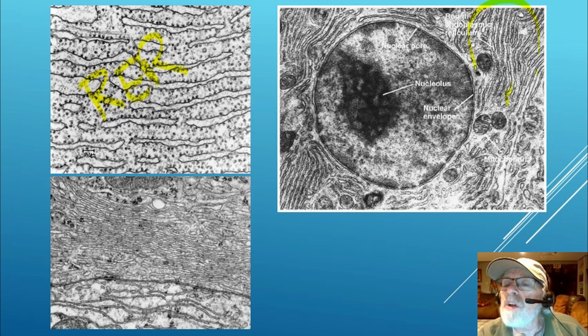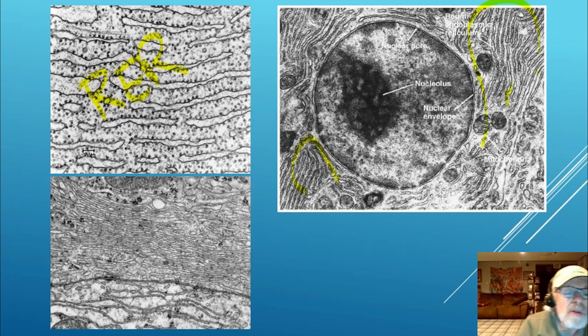So this is still a lot of rough endoplasmic reticulum. If we look down in this area right here, it's much more devoid of those little dots. So this would be your smooth endoplasmic reticulum right here. So anyway, that's what we have. So that's the difference between rough and smooth.